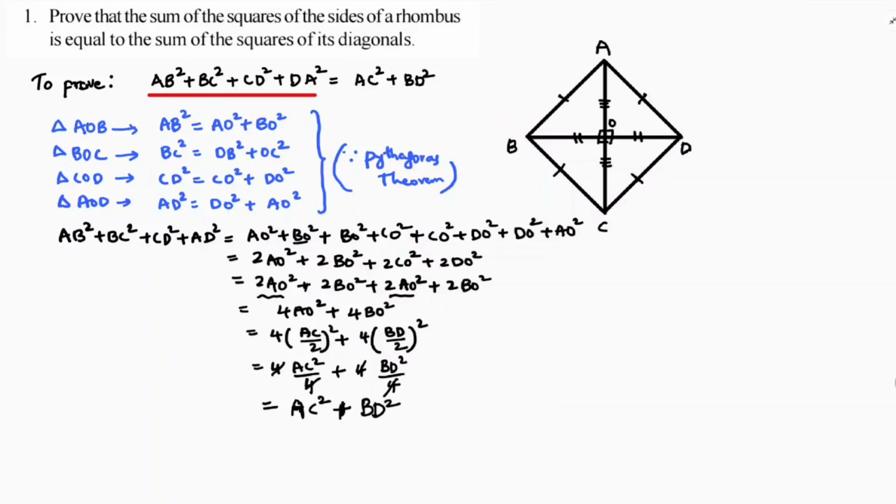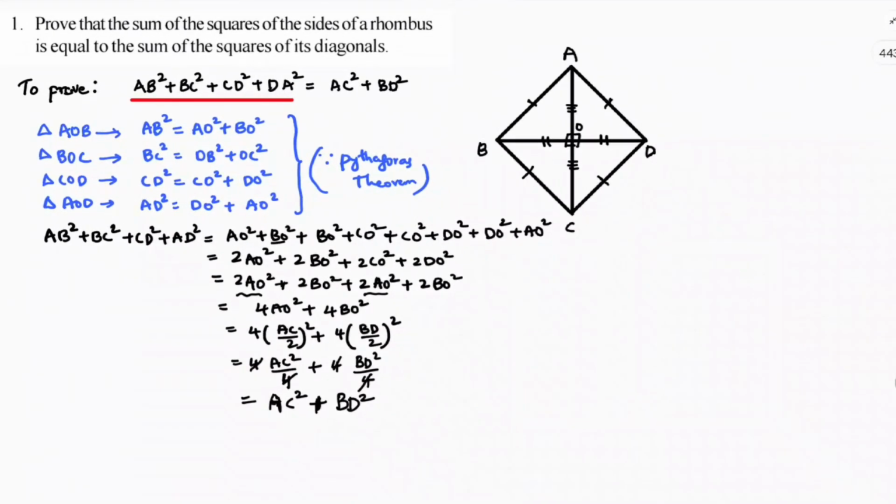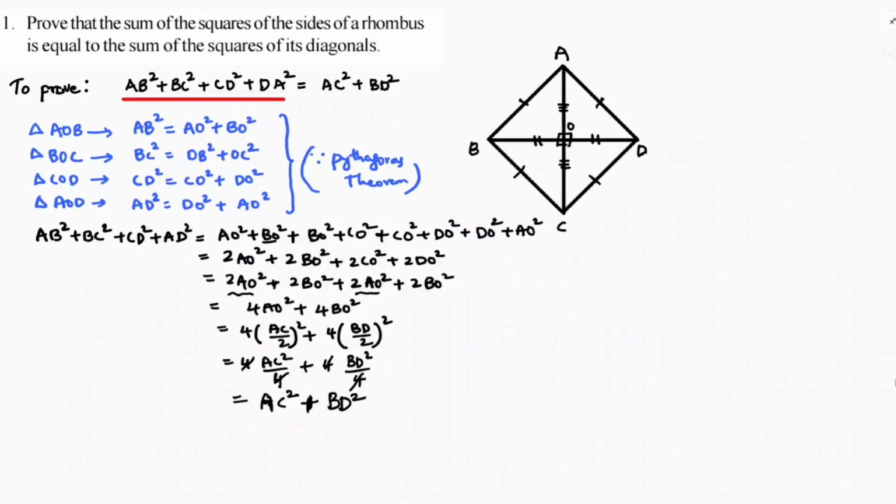The other one is, you can take just one triangle. I'll take triangle AOB. If you apply the Pythagoras theorem, the hypotenuse square equals the sum of the squares of the other two sides. Here itself, AO I can write as AC by 2, because diagonals bisect each other.